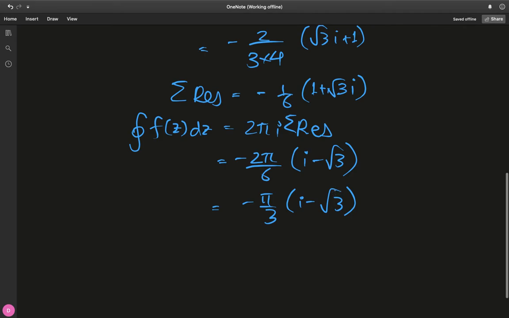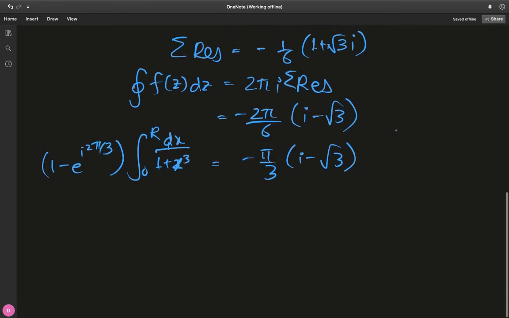But let's remember what our contour integral was. It was basically 1 minus e to the i 2 pi over 3 times the integral from 0 to r of 1 over 1 plus x cubed dx.